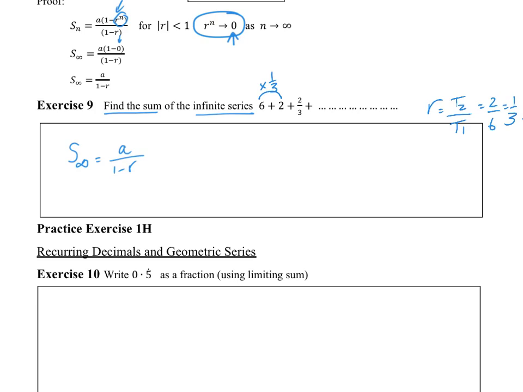Okay, so a is 6, so this becomes 6 over 1 minus 1/3, which is 6 over 2/3, which is 6 times 3 over 2, because that's the division, which is 9.